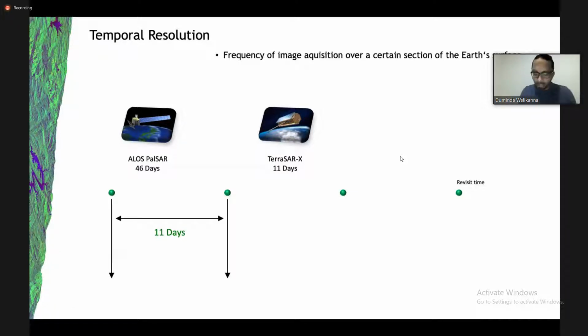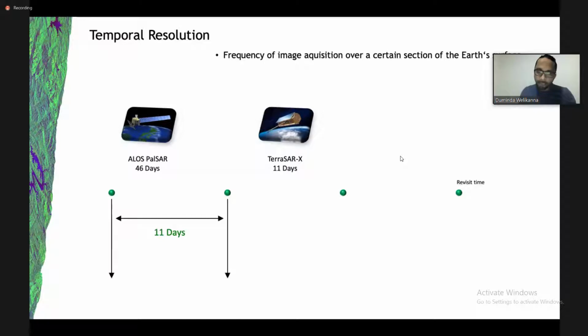So if somebody is actually working on, say, change detection, a rapid change detection, for instance, say you're monitoring a very rapidly changing phenomenon, for instance, say COVID patients.